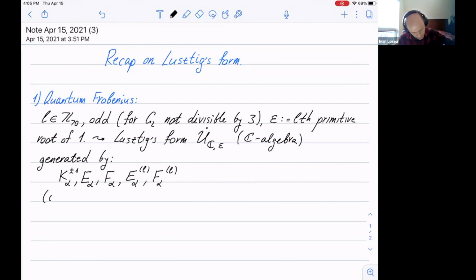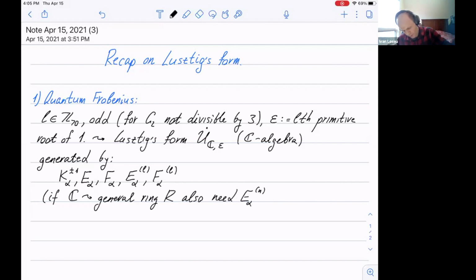So if we replace the complex numbers with some general ring R, and epsilon is still a root of unity, we also need to add E alpha to divided power n and F alpha to divided power n for all n bigger than 0. But when we are dealing with a characteristic 0 field, these generators here are enough.